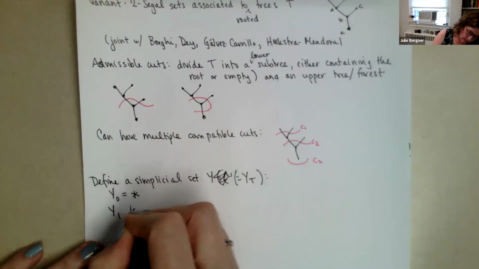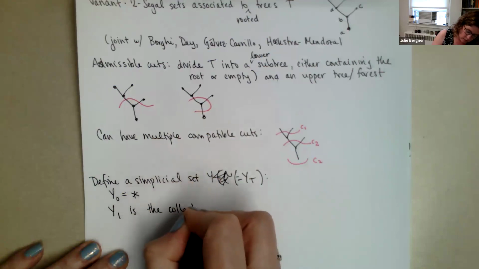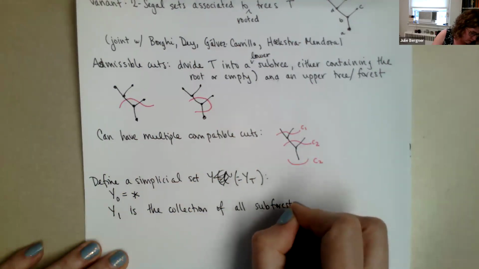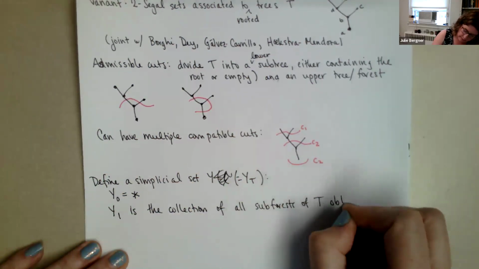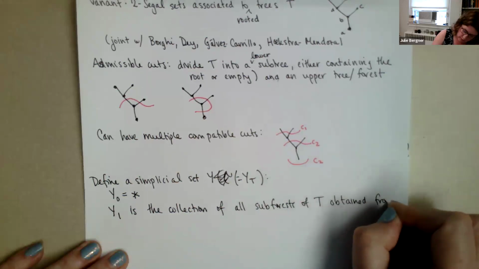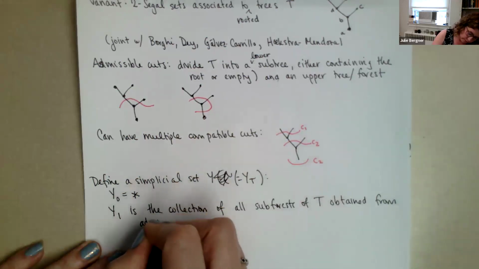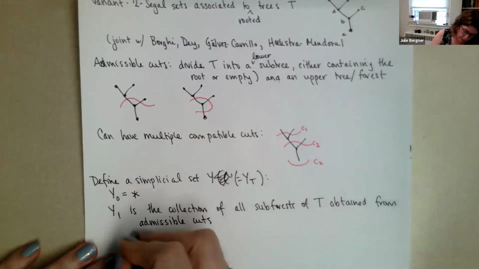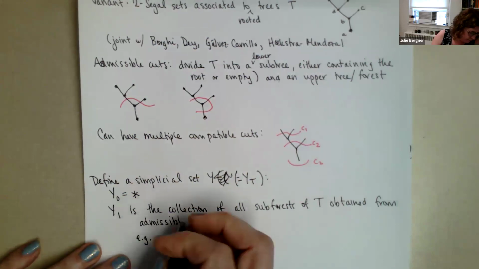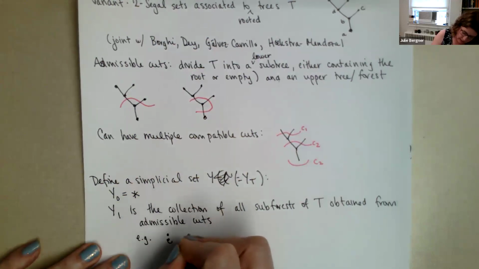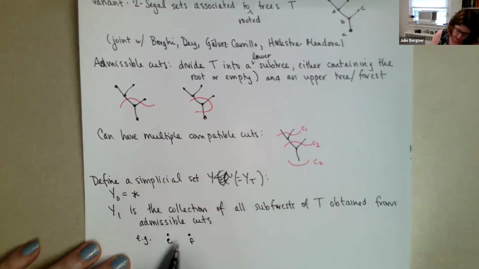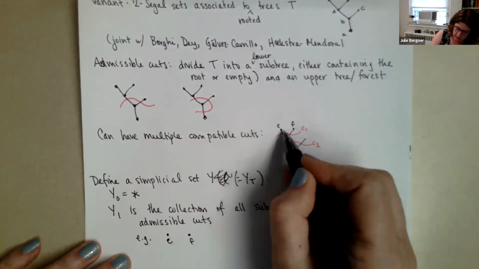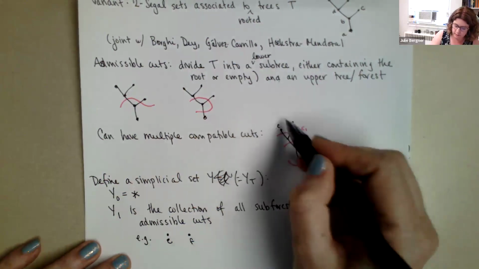Y1 is the collection of all subforests of T obtained from admissible cuts. So for example, I could obtain the silly subforest that's just two vertices. That would be if I cut along C1 and I get this left up here.